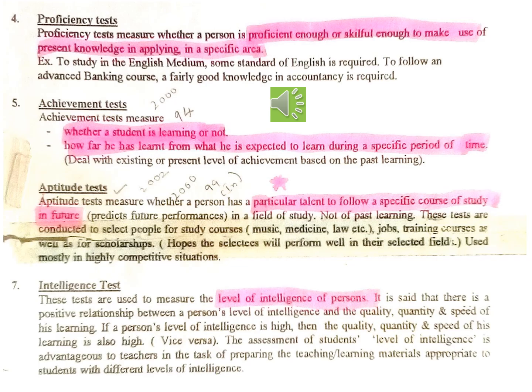Not of past learning. Now achievement test is based on past learning. These tests are conducted to select people for study courses, right? Music, medicine, law, aptitude, right? Profession, whether the person is proficient enough, or has the particular talent.